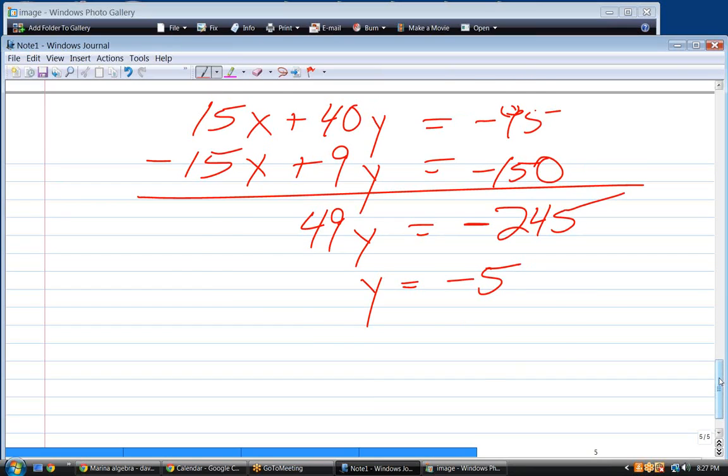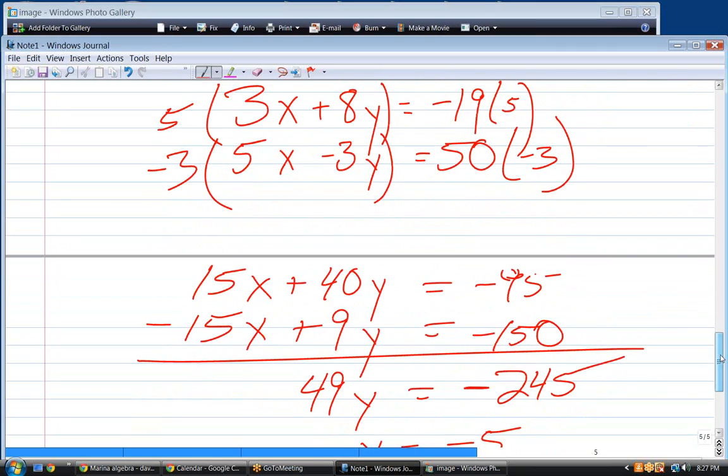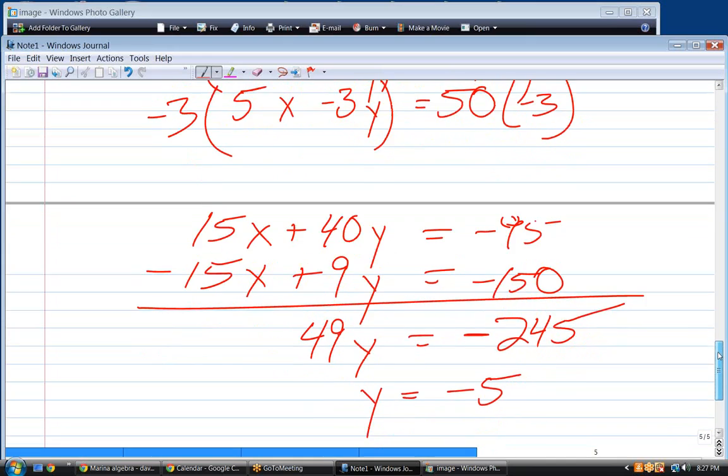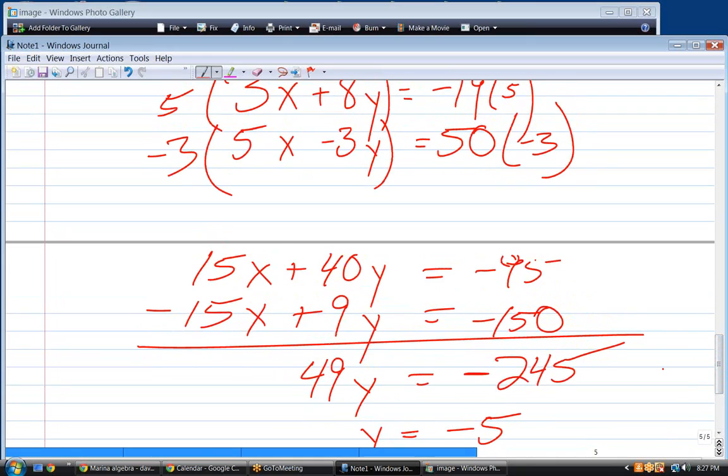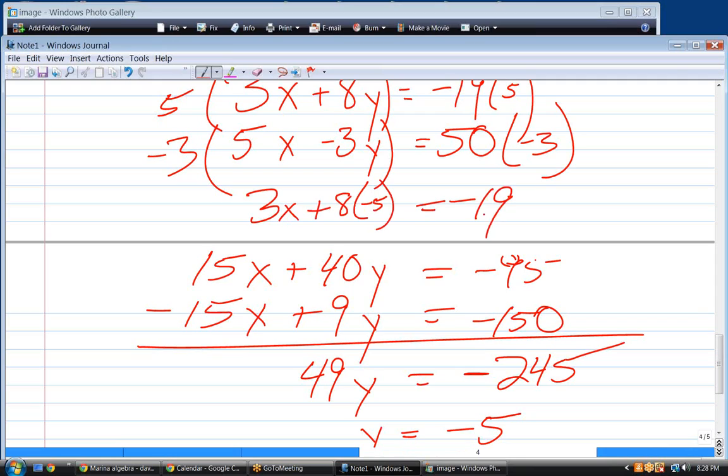I presume this was to solve for both variables? Yeah, then you'd plug into the first equation, replace the y with the negative 5. And you can go back to the simpler form of the equation.